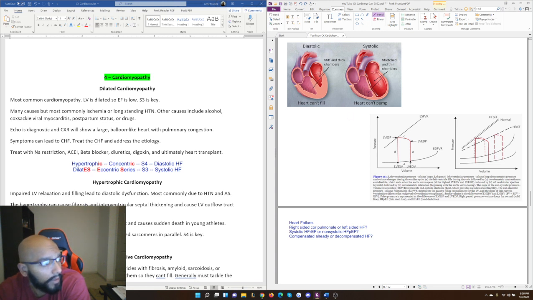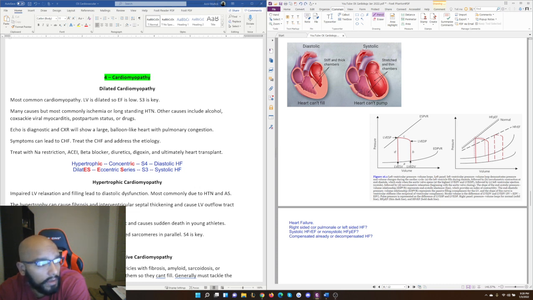Dilated cardiomyopathy, which is this one, I like to write dilates. Dilates is eccentric series. So this is eccentric layout of muscle fibers. Eccentric means that you're laying them out in layers like this, and you're laying them out in such an interesting way that it's not really causing the center to lose its space.